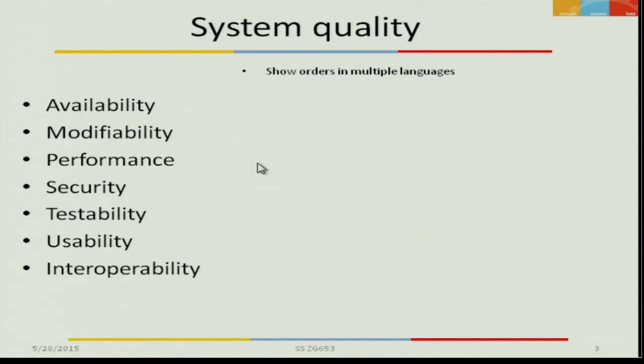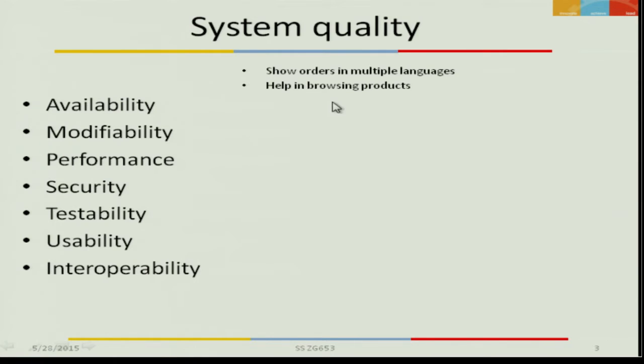So for example, one requirement could be to show the orders in multiple languages. Now clearly this particular requirement is related to usability. Help in browsing products, that's also a requirement for usability.